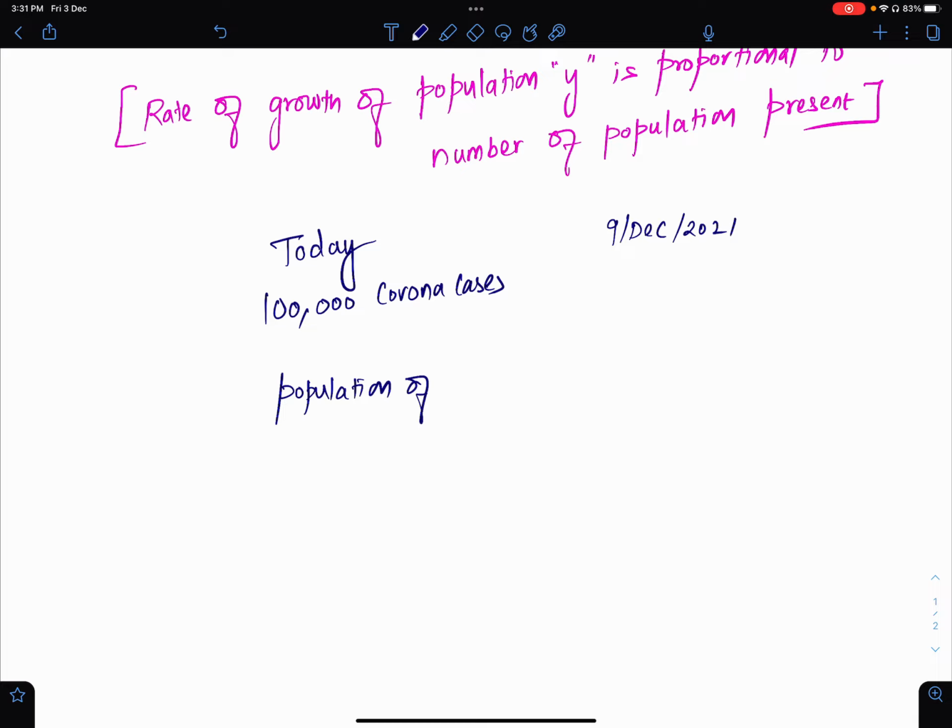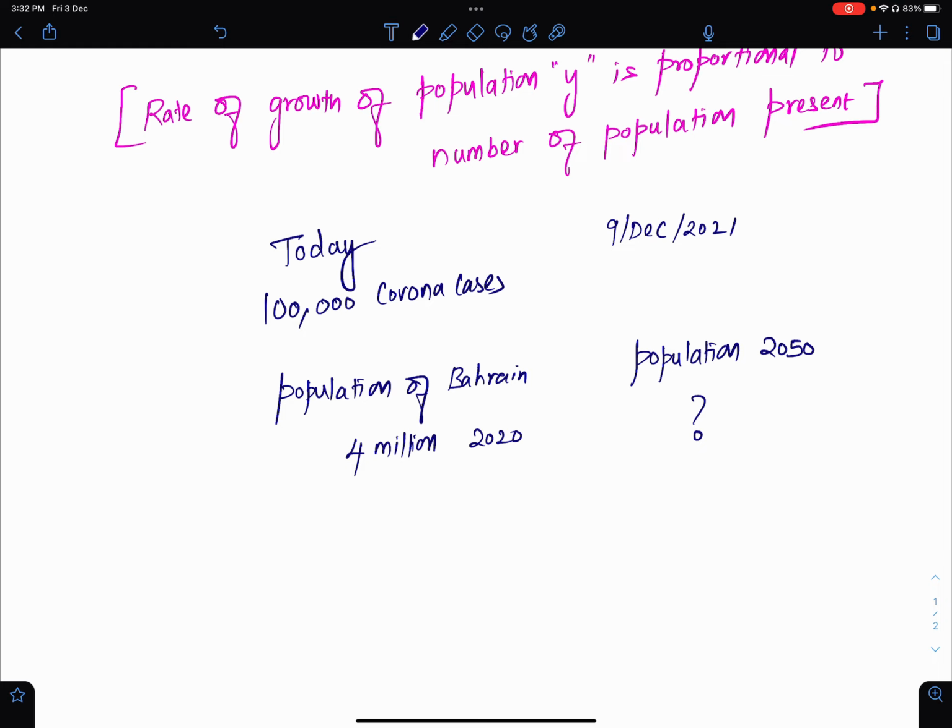If I say the population of Bahrain is around 4 million in the year 2020, just for example, and I ask what will be the population in the year 2050, then we can say that the population in 2050 will be based on the current population.